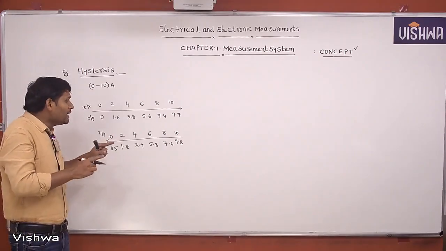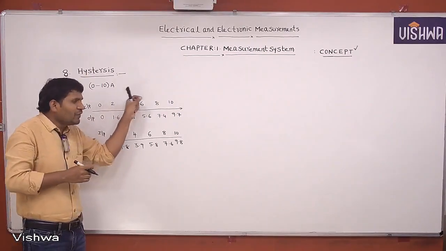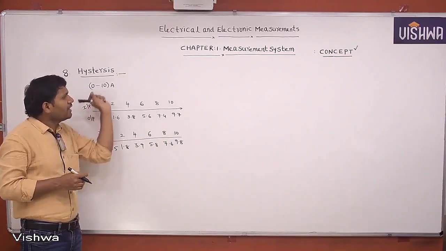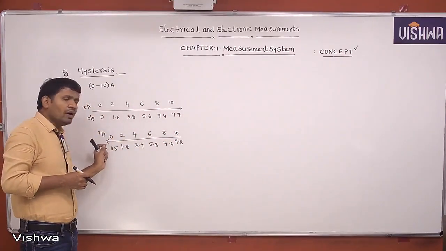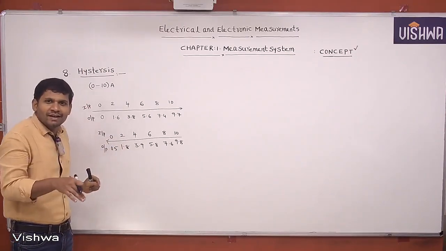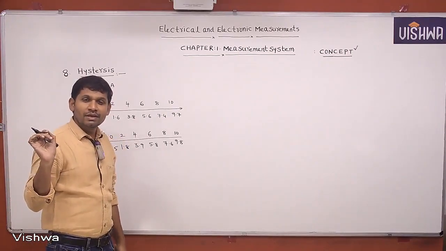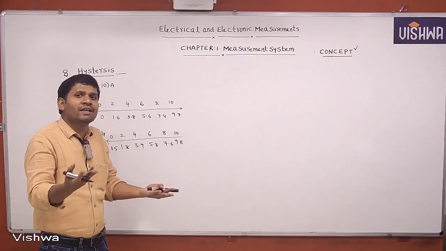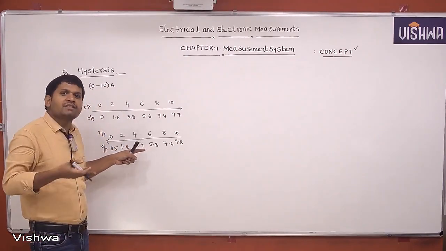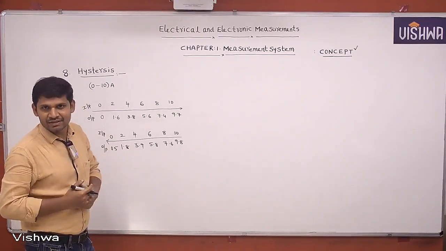If any instrument gives different readings for the same values of input in increasing and decreasing order, then we can say that the instrument has hysteresis characteristics. In increasing order the inputs are same, in decreasing order also the inputs are same, but the outputs are different. If you get the same value, then that instrument does not have hysteresis.